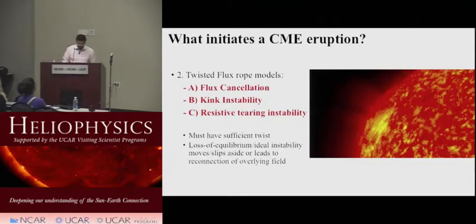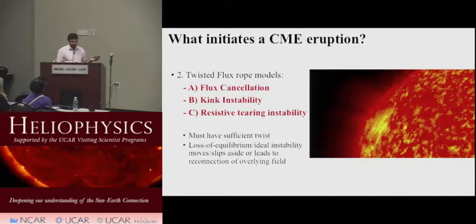So section 2, after looking at the sheared arcade idea, is the twisted flux models. Here, I'm going to very briefly talk about three general ideas: a flux cancellation type version, kink instability, and resistive tearing instability. The instabilities we heard about earlier, so I'm going to skip through most of that.